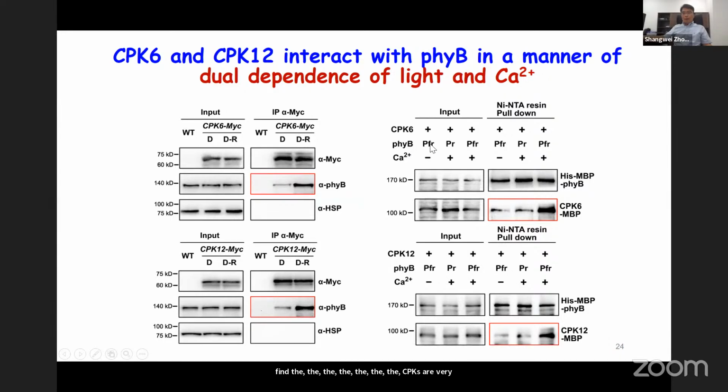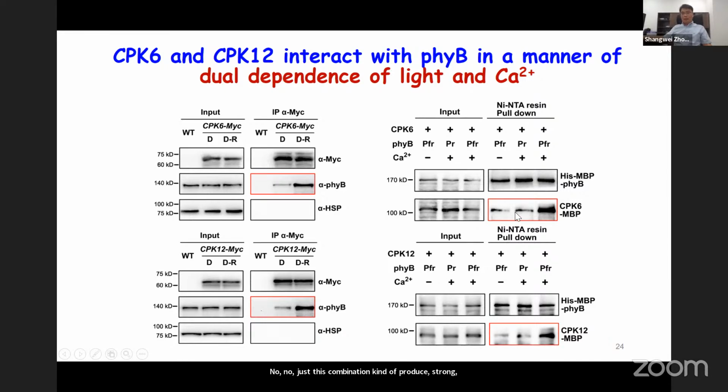When 5B is activated by light, but without calcium-activated CPK, or when it's a calcium-activated CPK, but the 5B is not activated by red light, none of these combinations can produce strong interaction.